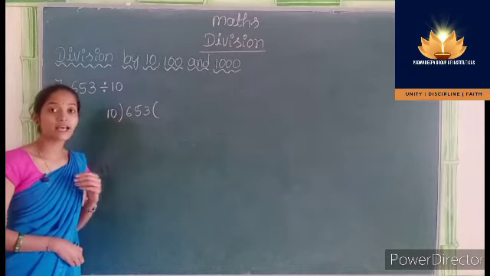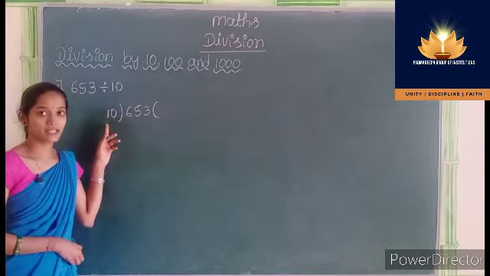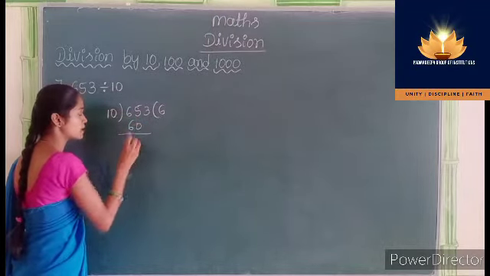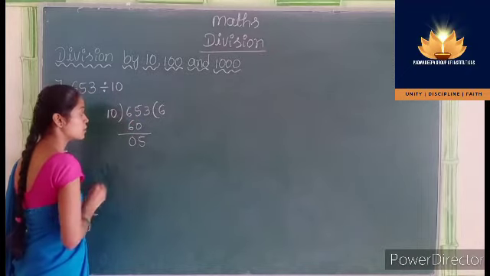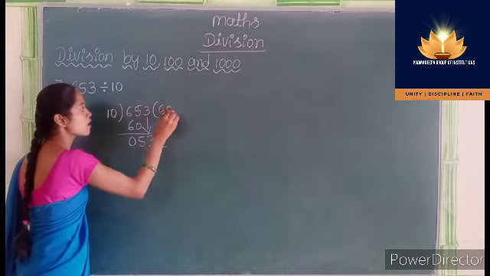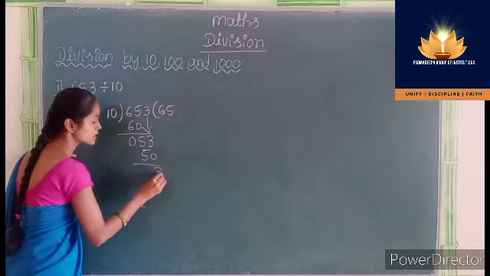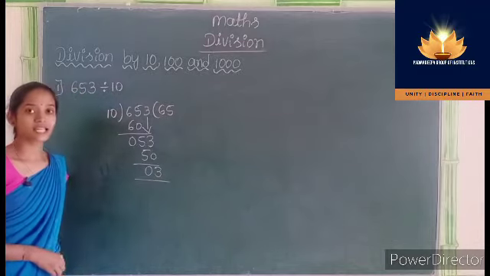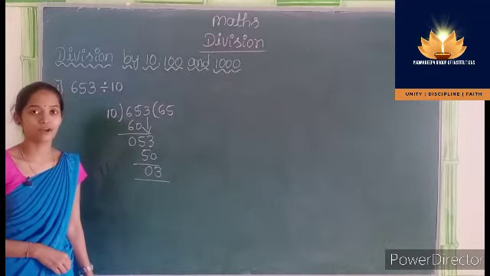Which number is less than or equal to 65 in the table of 10? 10 6s are 60, 5 minus 0, 5, 6 minus 6, 0. Bring down this 3. 10 5s are 50, 3 minus 0, that is 3, 5 minus 5, 0. We get 3 as a remainder and quotient, that is 65.